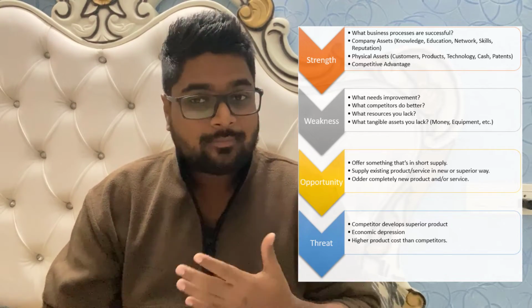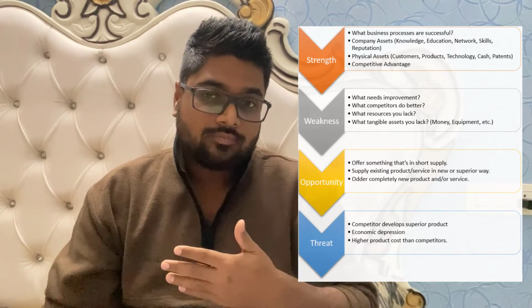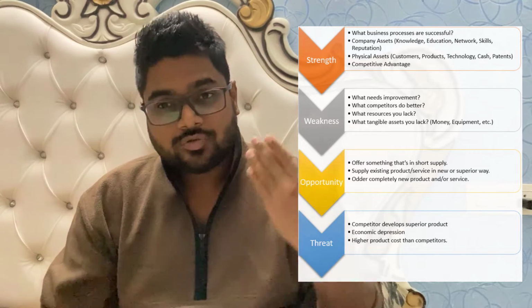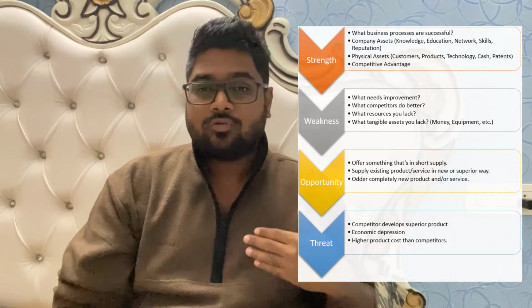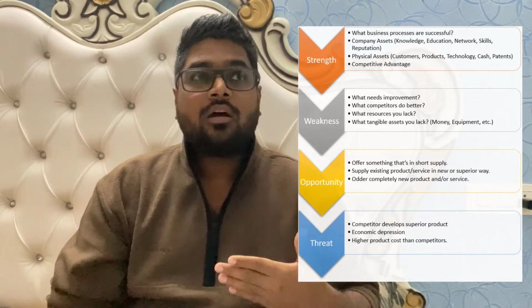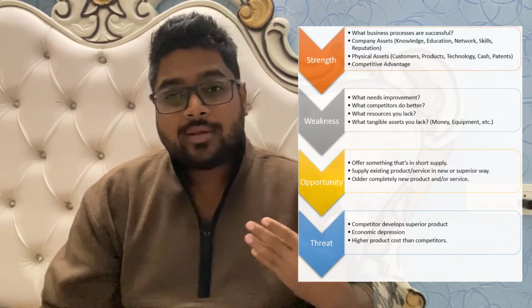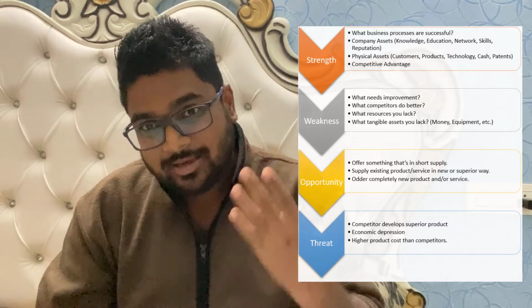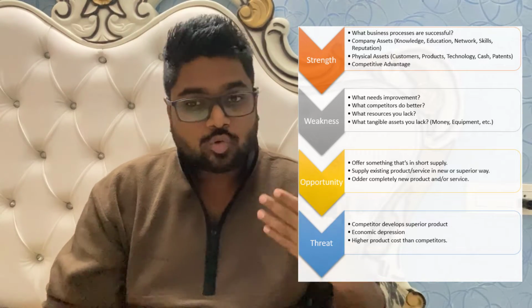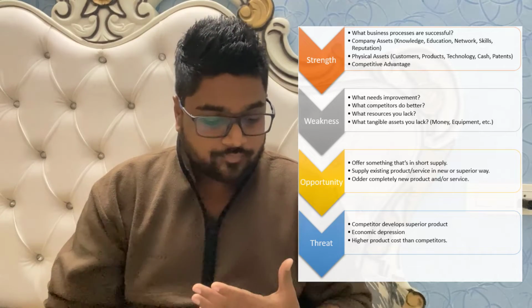Now the resources can be the physical resources or the company assets that we discussed in the strengths, right? So you might be lacking in machinery, you might be lacking in technology, you might be lacking in the right kind of people that work for you in the company, you might not be catering to the correct customer segment. So all these are the resources that you might be lacking in and you need to leverage soon, right?